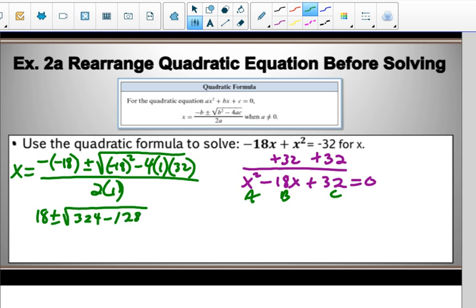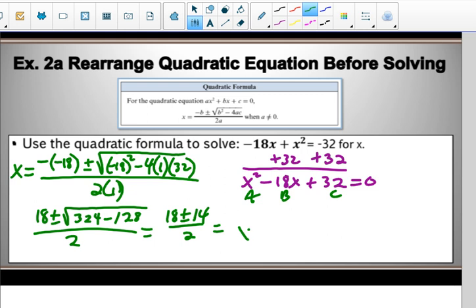And then 324 minus 128 gives us an answer of 196. And the square root of 196 is 14. So I have 18 plus or minus 14 divided by 2.